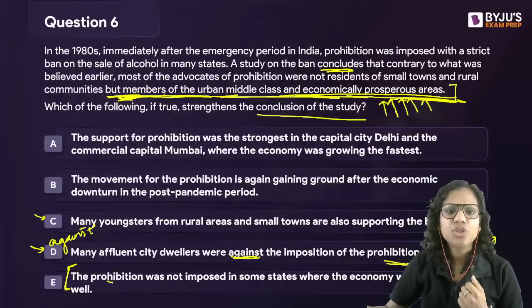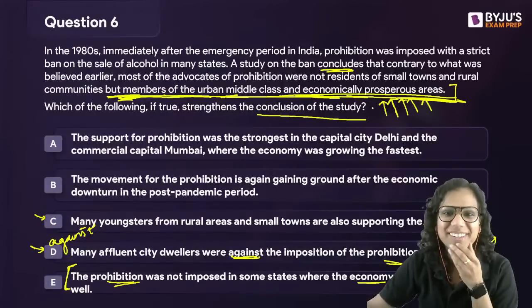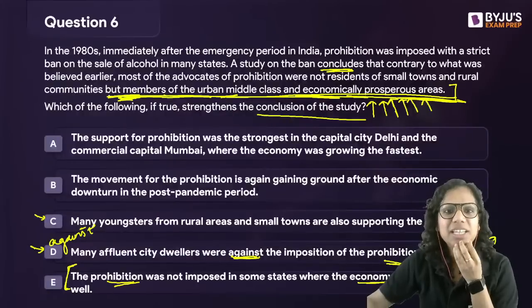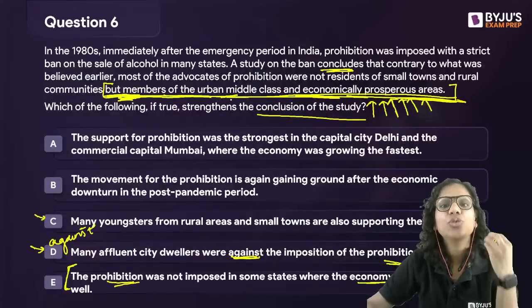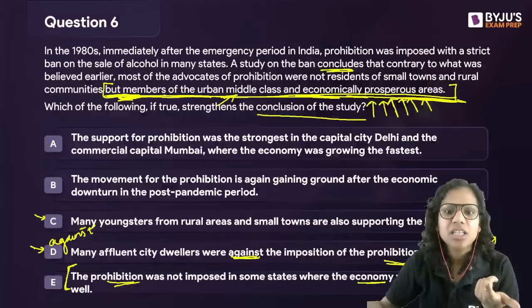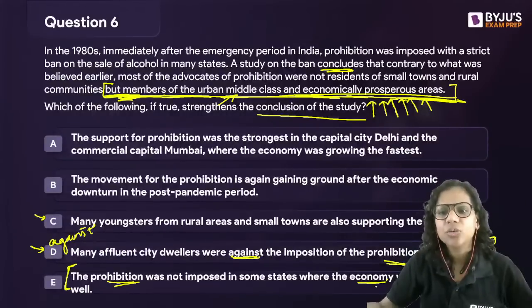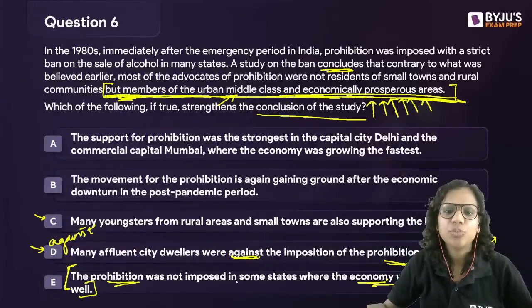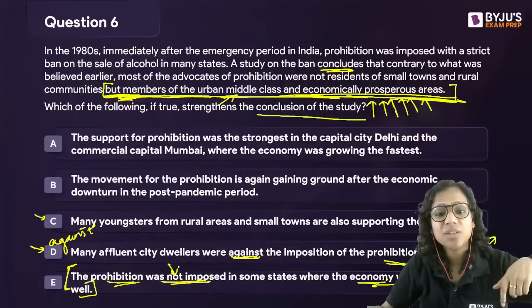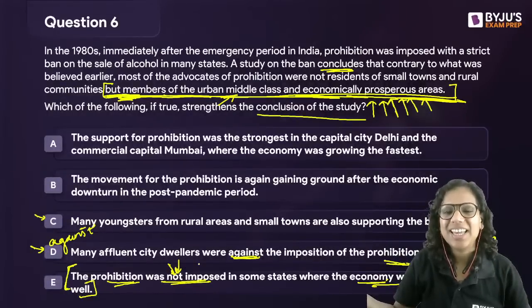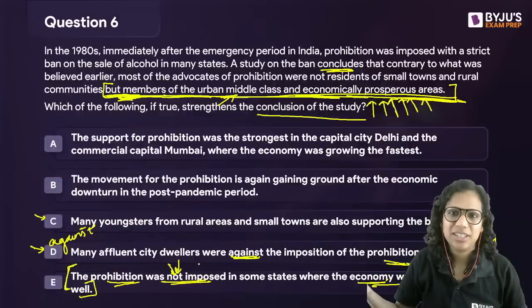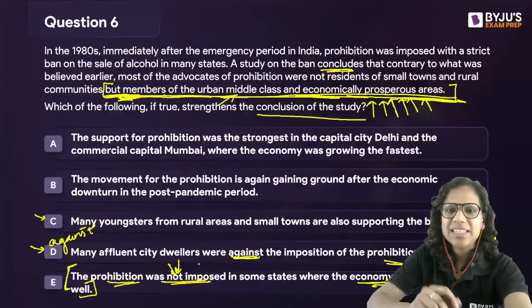Now, if I'm saying that it was not implemented in the economically weak areas, how does that tell me that urban areas supported it? Basically, when you have to support this idea, you have to show what kind of urban area supported. You have to give me some examples, bring in some data. This is talking about economically weak areas where it was not imposed. So, why was it not imposed? Was there support for it? Was there not support for it? Nothing of that sort is clarified in E. And that is why it is neither strengthening nor weakening. Make sense?